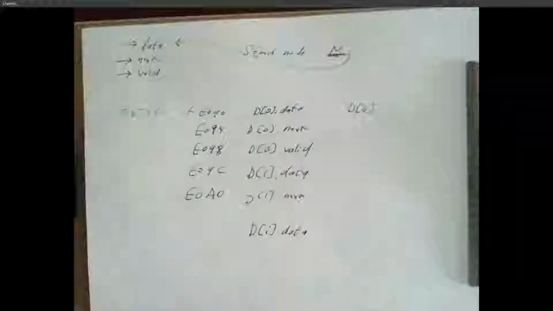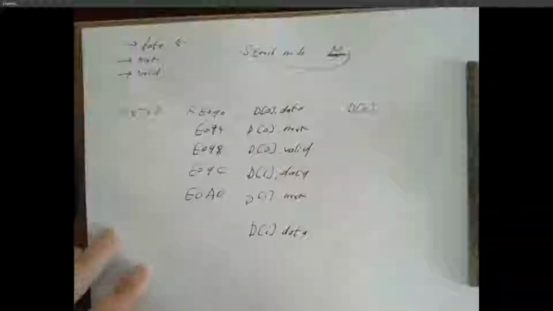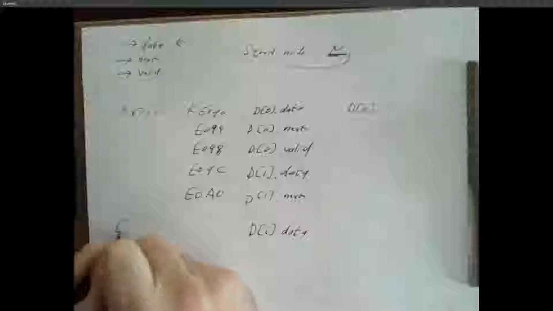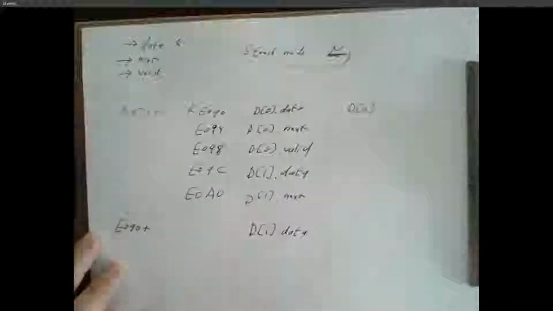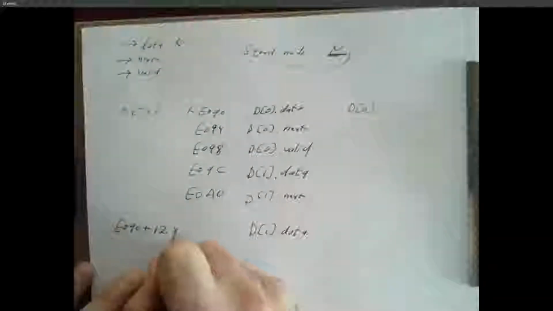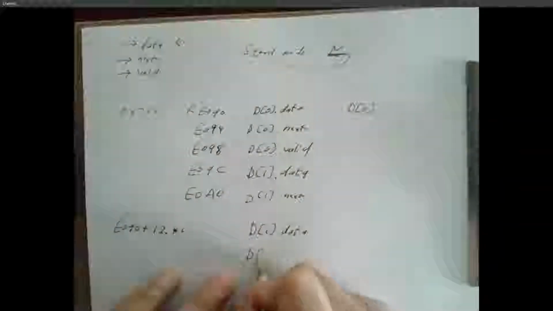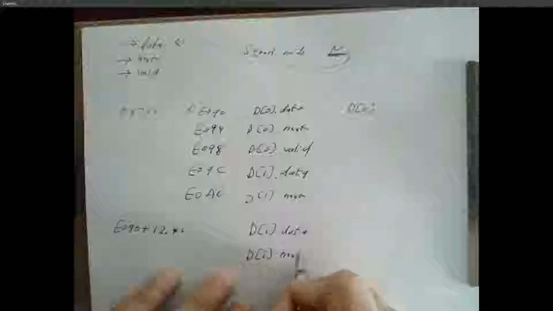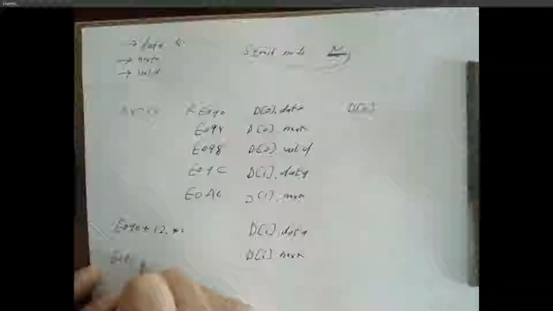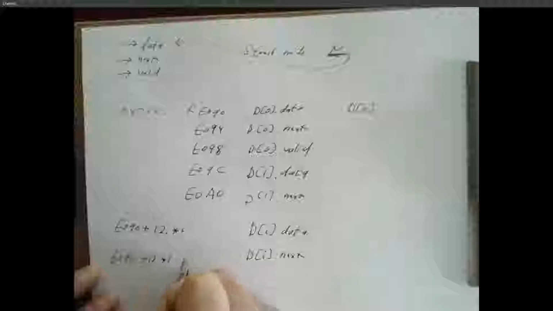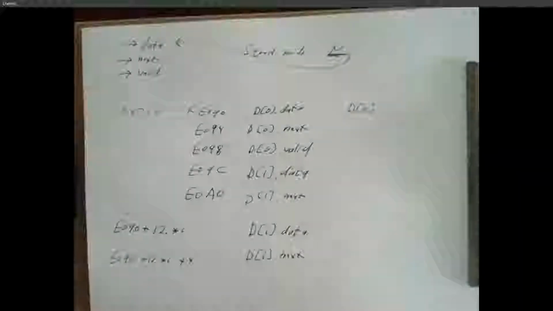So in general, d bracket I, well, we don't have to do this, but the compiler does. It's going to be stored at E090 plus, and we're taking 12 bytes for each element of our array. So I'll go ahead and use decimal, 12 decimal times I. And d bracket I dot next is E090 plus 12 decimal times I plus 4, and so on.